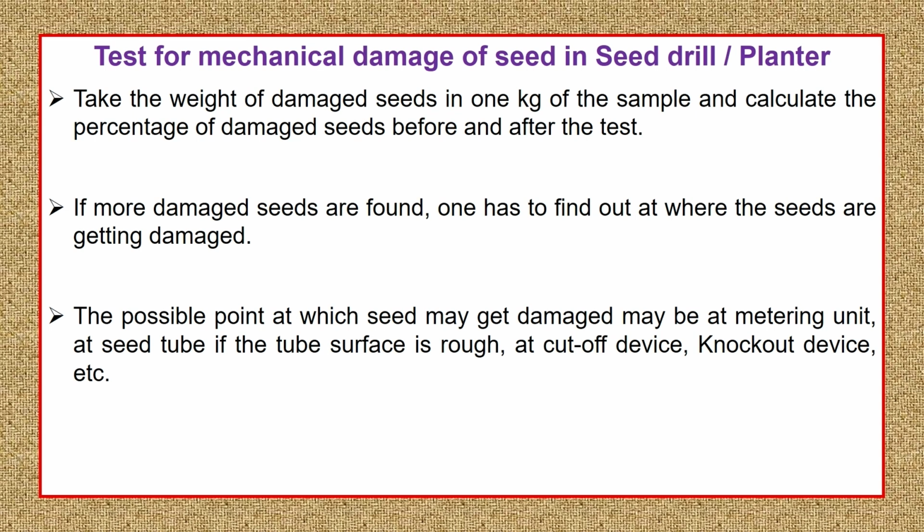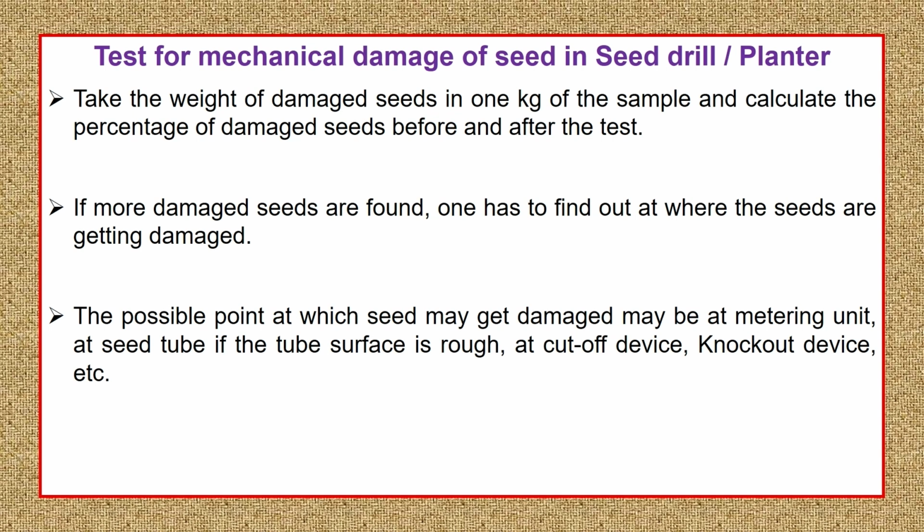So in a seed drill or in the planter, there might be chances where the seed may get damaged mechanically. Any seed which is mechanically damaged will have lower viability, in the sense that it will not germinate. The chances of germinating those mechanically damaged seeds are very low, and that's how in future the plant population will be less if that seed drill is producing more mechanical damage to the seed while sowing or planting.